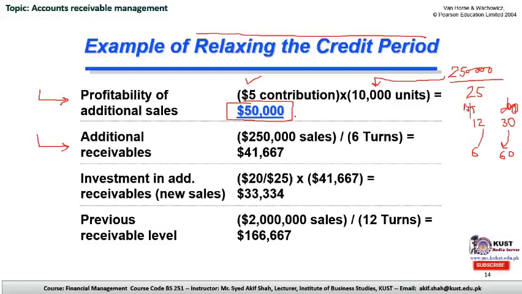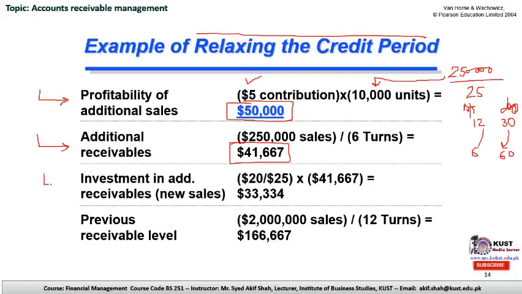So in that case, we have to divide the total amount of sale by the new account receivable turnover, which is 6. Therefore, we come up with $41,667 of additional account receivable tied up in this sale because of relaxing the credit period.